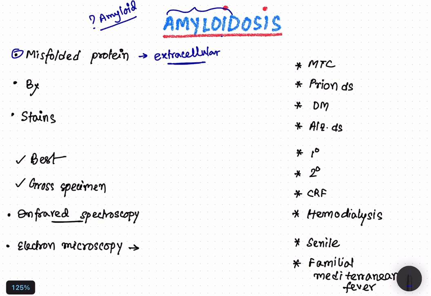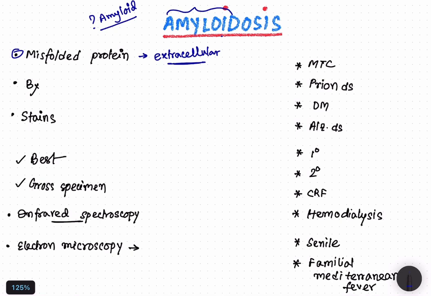We'll see amyloidosis in many conditions like Prions disease, Alzheimer disease, chronic renal failure, and in senile conditions where cardiac amyloids are deposited. We'll be enlisting all kinds of amyloids that are deposited.